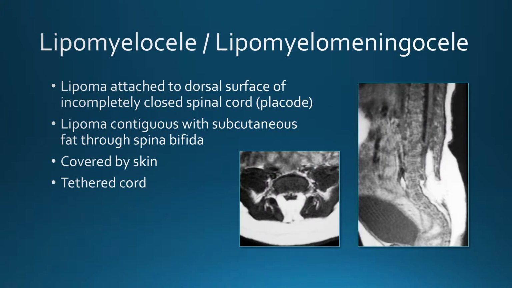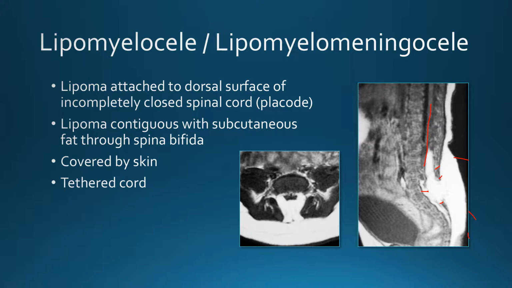So lipomyelocele, lipomyelomeningeal, this is a lipoma that's attached to the dorsal surface of an incompletely closed spinal cord, also called a neural placode. So here's the spinal cord, and the dorsal surface of the cord has the lipoma attached to it. The lipoma here is contiguous through the bony defect with the subcutaneous fat.